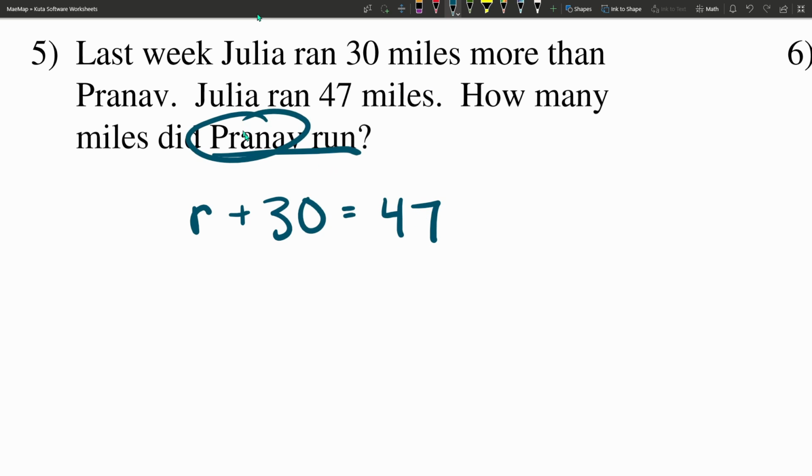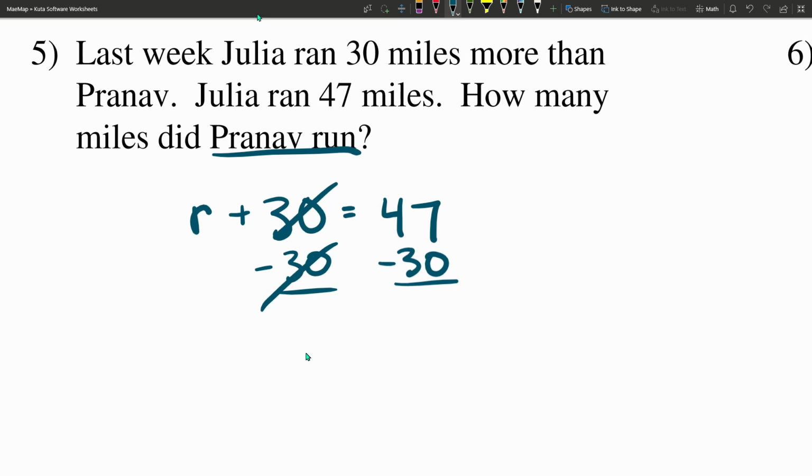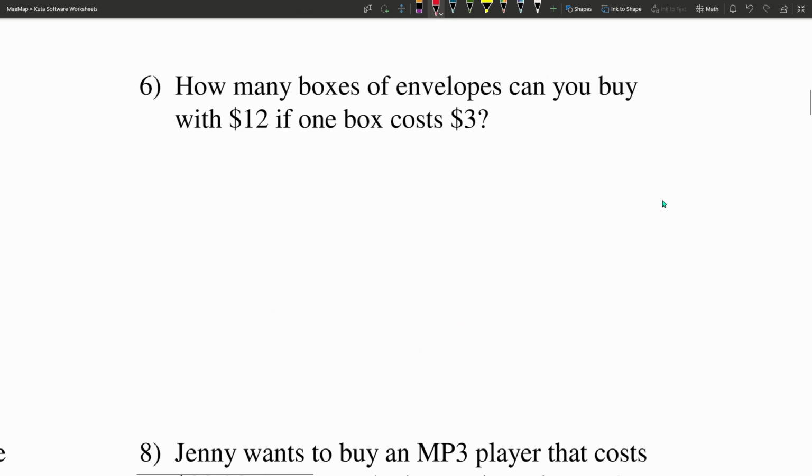So however much Pranav ran, if you add 30 to that, because Julia ran 30 more miles, you're going to get the total amount. And this is going to help us solve for R. So we'll isolate R by subtracting 30 from both sides to give us that R is equal to 47 minus 30, which is 17. So a total of 17 miles. Let's move on to number 6.